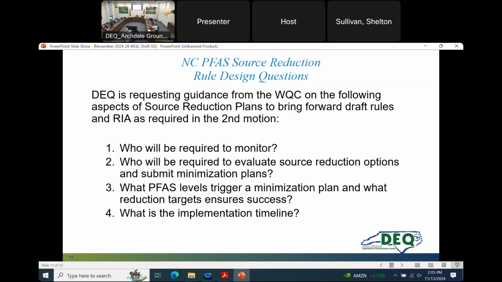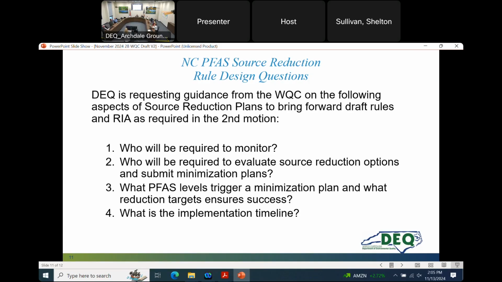That's best for your operation and meeting the best limits that you can and optimizing those. BAT is best available technology, and often what we expect of industry, especially new ones coming in, is that they have to put in the best available technology to provide the best treatment that they can.